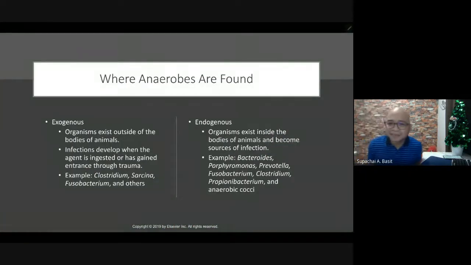So where can we find anaerobic bacteria? Let us remember that there are two possible sources, exogenous and endogenous. When we say exogenous, they are found outside the bodies of animals. Infections develop when we ingest them or when these bacteria gain entry into our body.